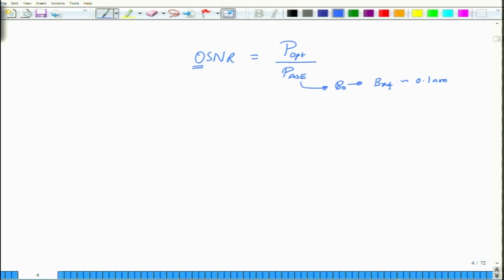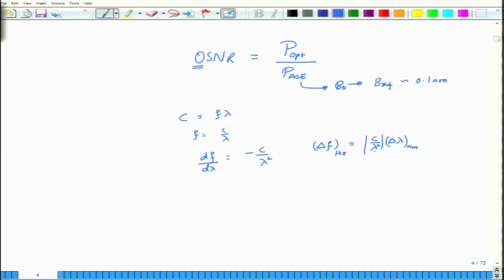Now, how do I convert 0.1 nanometer into delta F? I know C is equal to F lambda, right. So, I can write down F equals C by lambda, differentiating both sides with respect to lambda, assuming that they can be varied that way. So, you get minus C by lambda square, and then the bandwidth delta F, which is in hertz, is given by C by lambda square, magnitude of course is what you are looking for, times delta lambda in nanometer.